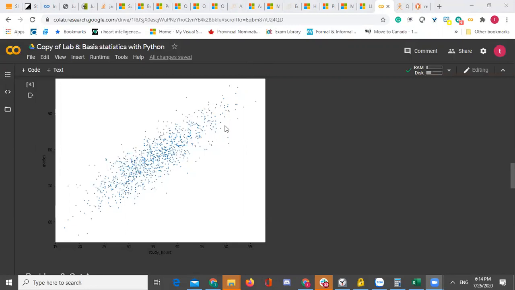But there's a straight line up, so there's a relationship between study hours and grades. Shouldn't it be regression? Yes, there is a relationship, and you could fit a regression curve. It could be a line or another curve. The goal of the regression is to predict the dependent variable, the variable on the y-axis, based on the values of the variable on the x-axis.